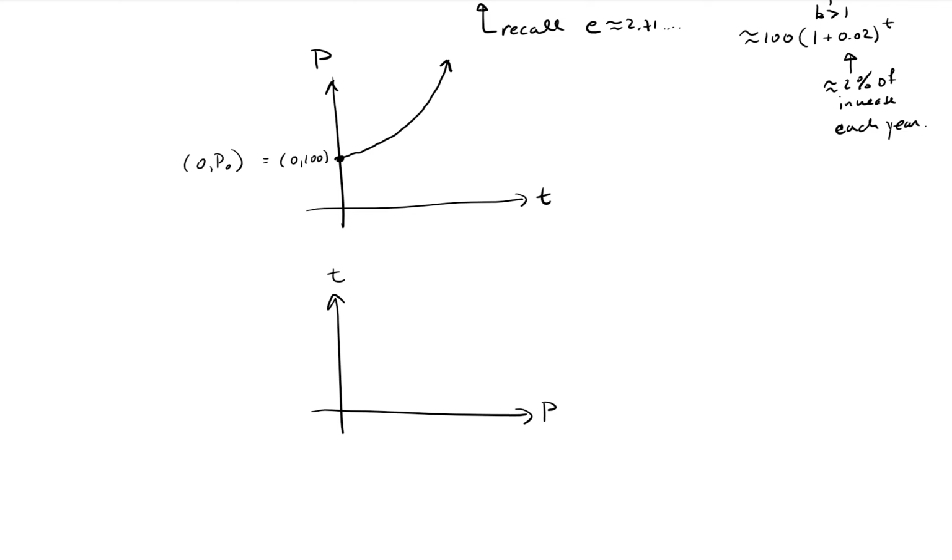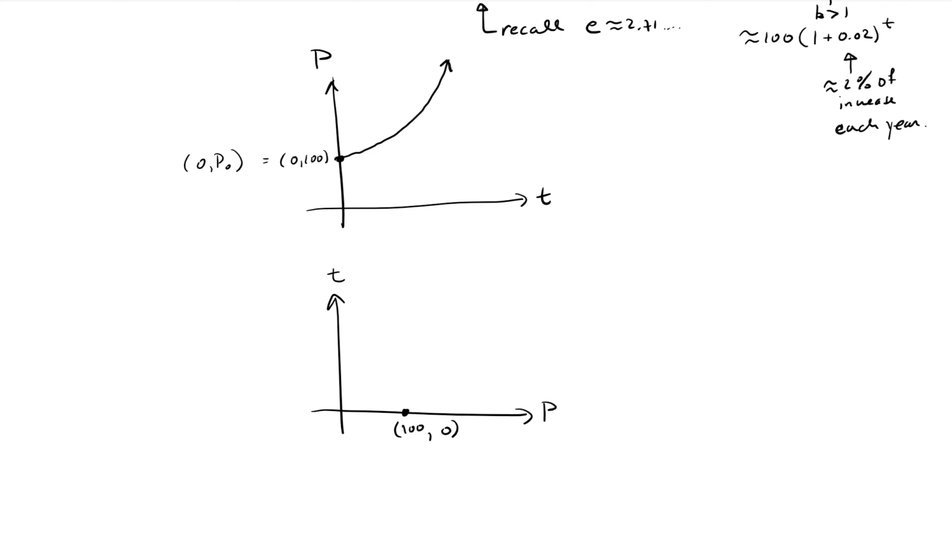Okay, so we know that, for example, when t is 0, so initially population is 100, right? So we actually see that the point (0, 100) that was on our graph initially is now going to be on the x-axis at 100 and 0 on the graph of the other function I'm looking for.